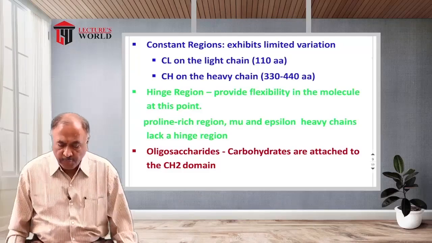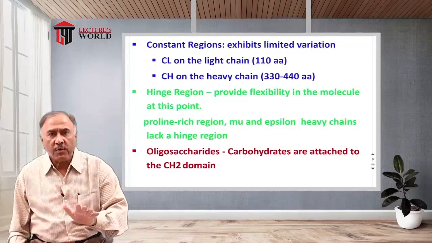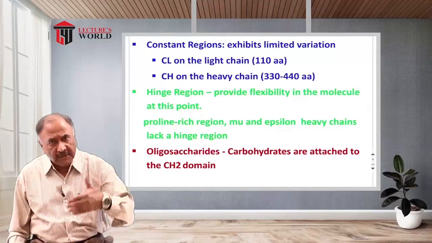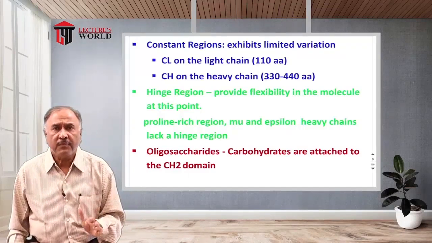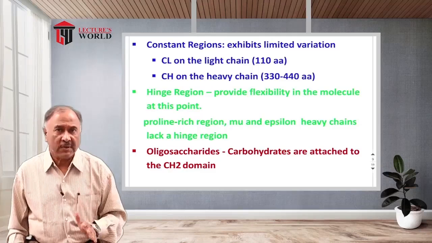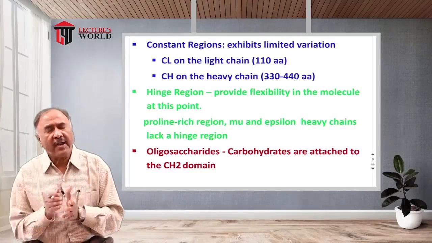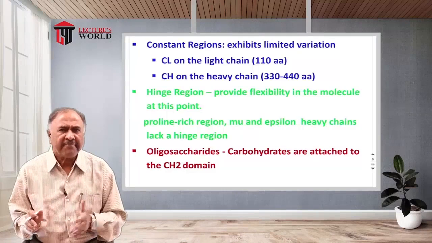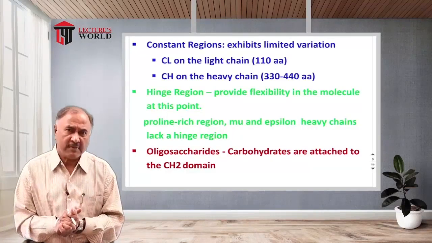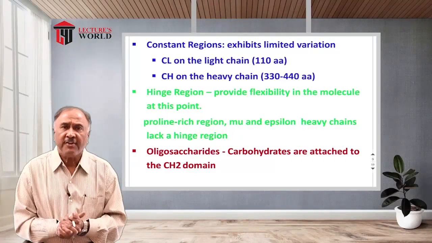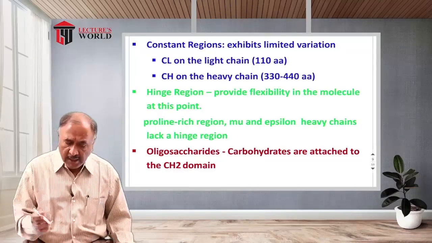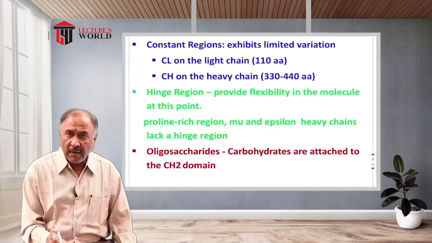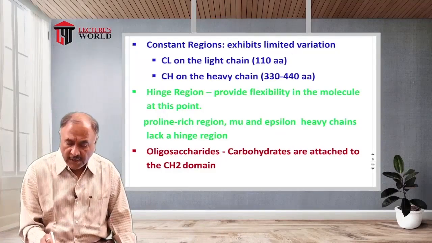Constant regions, as I have told you, have no diversity. The sequence of amino acid is more or less same. I am using the words more or less. That does not mean that it is exactly same in all. There is a little bit of variation in sequence of amino acids. And in case of light chain, what is the size?